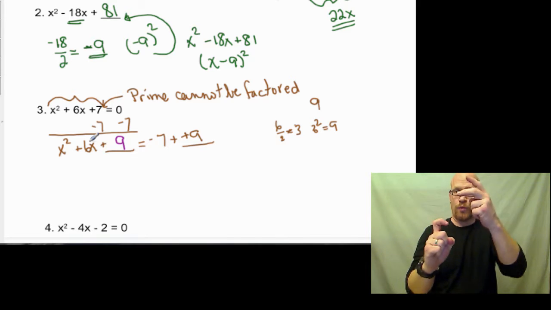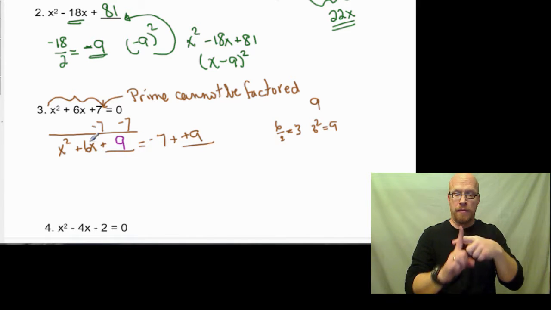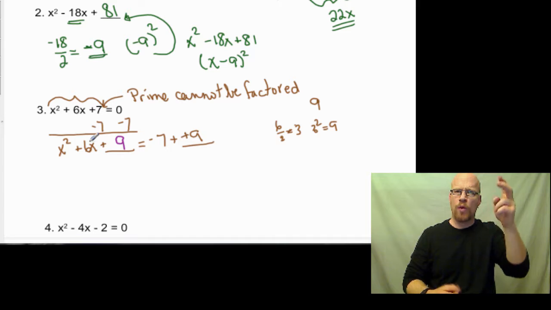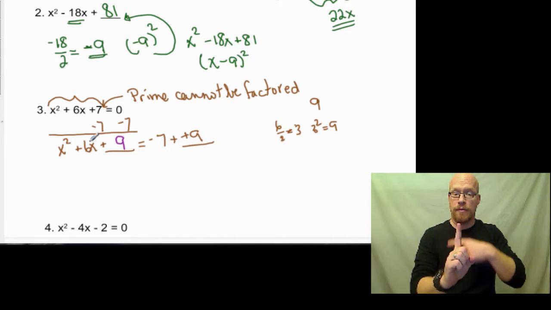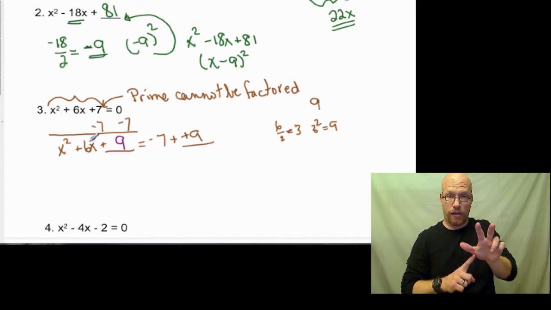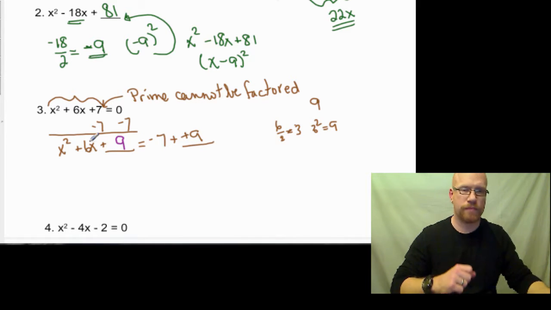Okay, now x squared plus 6x plus 9, that's a perfect square trinomial. There's an answer for this. It's parentheses x plus 3, close parentheses, squared.